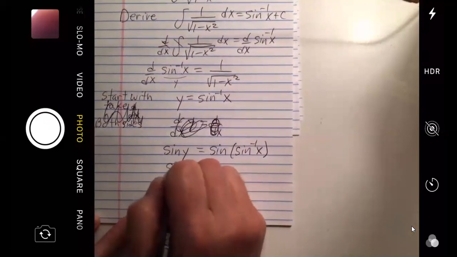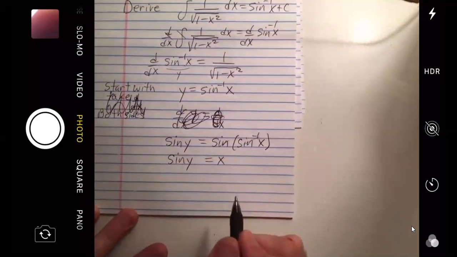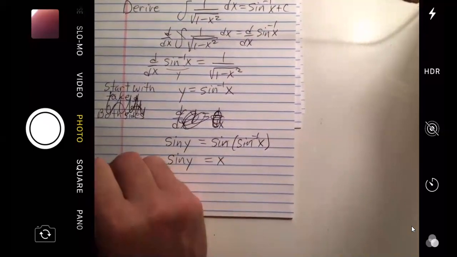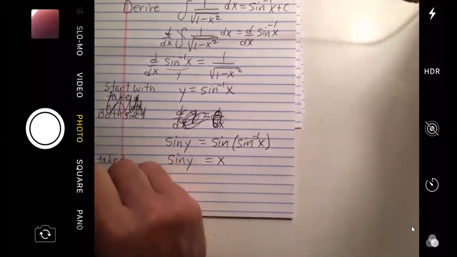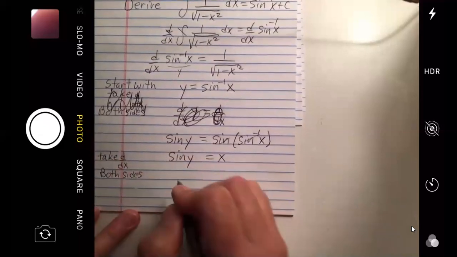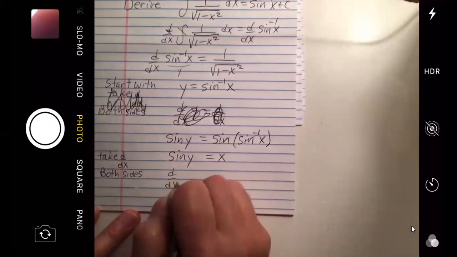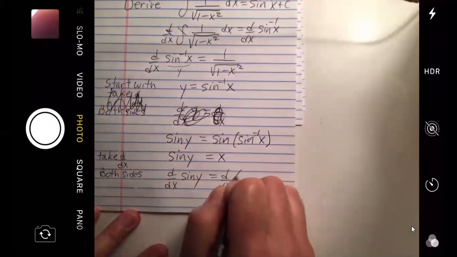And that means sine y equals x, because these invert. Now take d dx of both sides. d dx of sine y equals d dx of x.